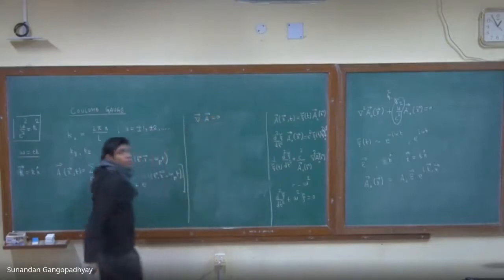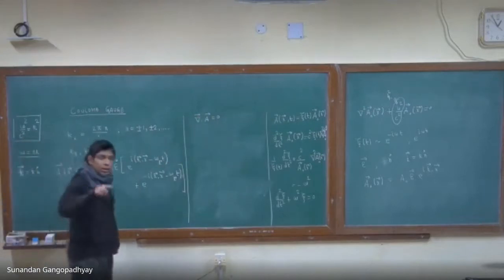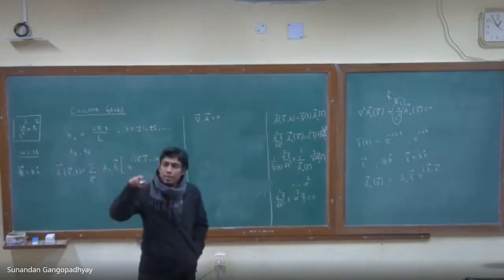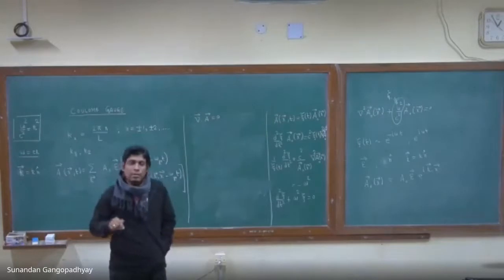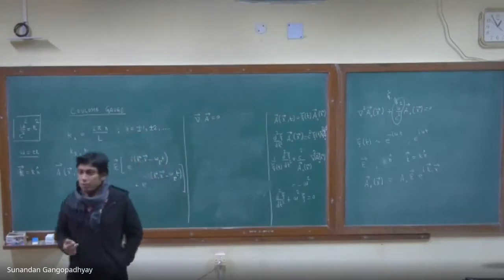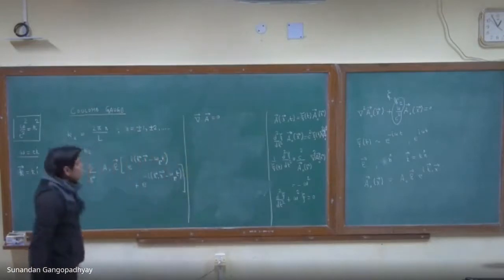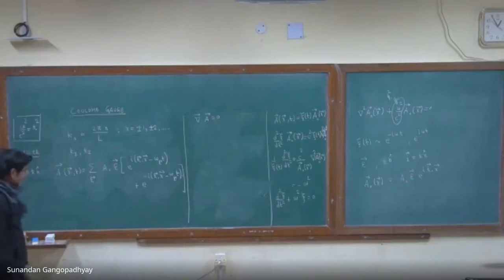And this gauge is actually compatible with the fact that the E vector is minus 1 by c del A del t. And if divergence E is equal to 0, then divergence A must be equal to 0. So you can understand why this gauge is reachable in the first place. It is a valid gauge.